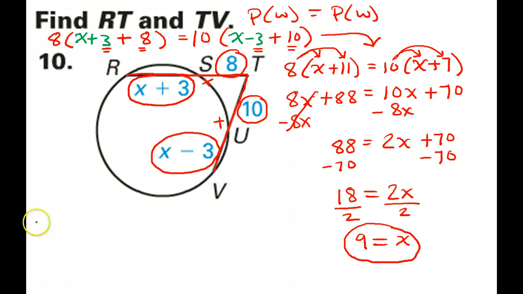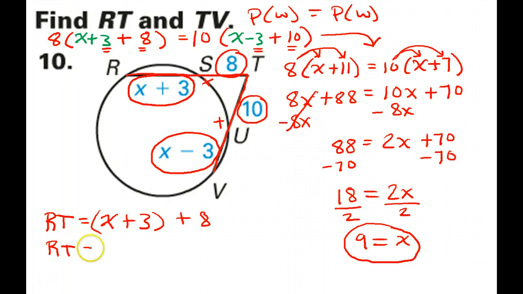Okay, so RT, sort of like we did before, is equal to two things. It's the x plus 3 and then plus the 8. So RT is x plus 3 plus 8. But x is 9, so that means that RT is going to equal 9 plus 3 plus 8.